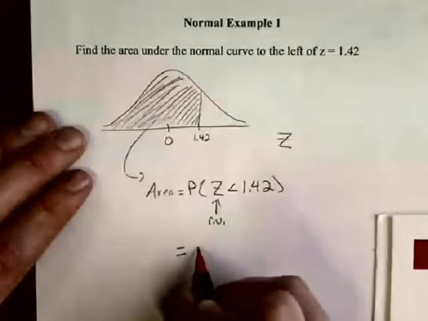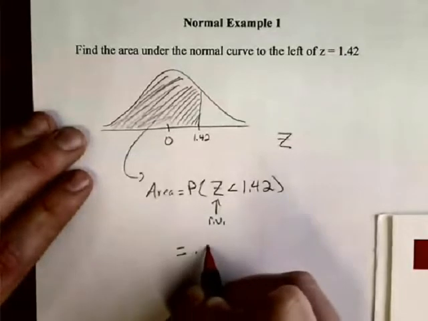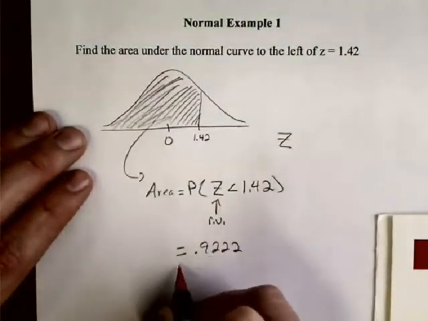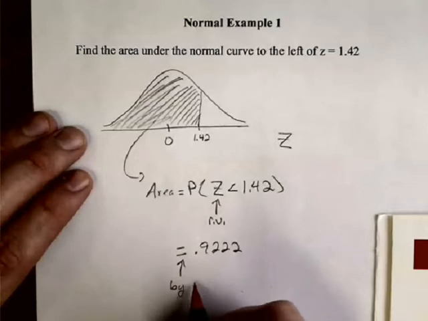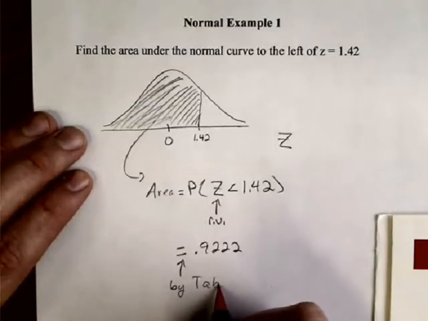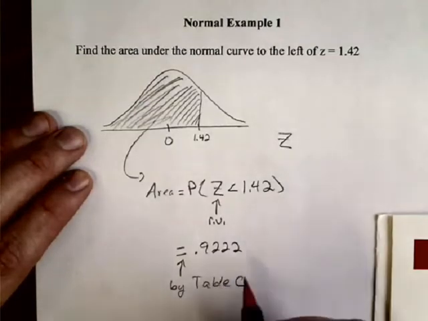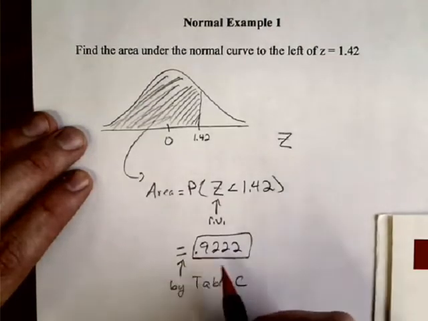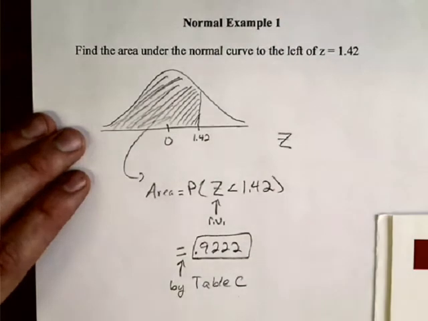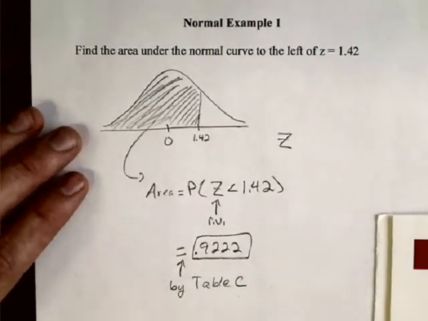All right, so this answer is 0.9222. This is by table C. Okay. So not a whole lot to this problem, just wanted you to get some familiarity with Table C and Table A.